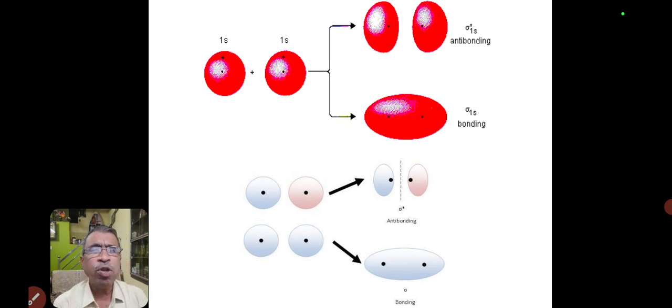Whereas if the positive part of a 1s orbital combines with the negative part of the 1s orbital of another hydrogen, it results in an anti-bonding molecular orbital where between the two nuclei we don't have any electron density. So the two diagrams show the same thing.